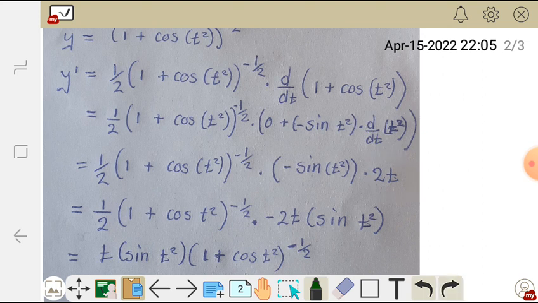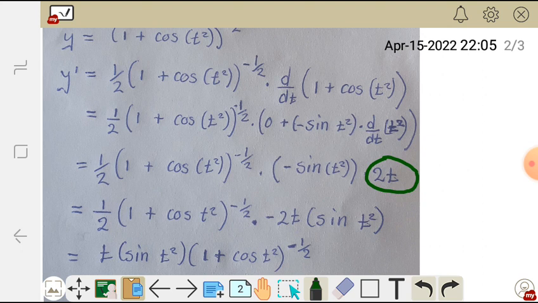Multiplying 2t with negative sine t squared gives us negative 2t sine t squared, and the other side we leave the way it is.